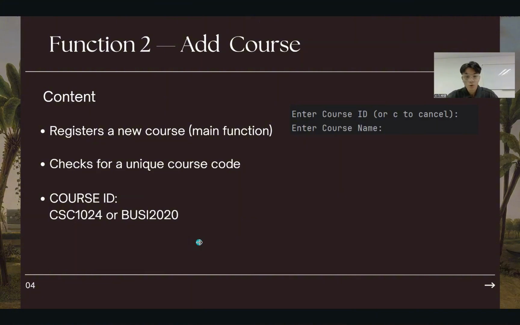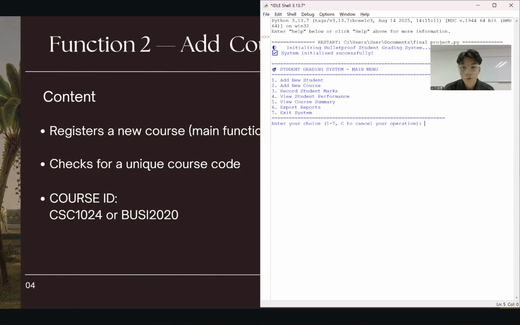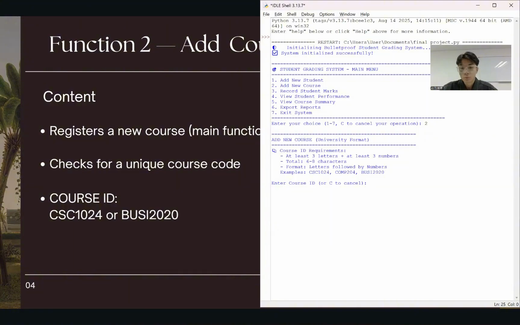This standardized format ensures consistency across all course entries and helps prevent incorrectly formatted data from being stored in the system. This is an example of the output. When the user enters option 2, which is add new course, the system will show the valid course ID format, and the user enters the course ID, and the system then prompts the user to enter the course name.